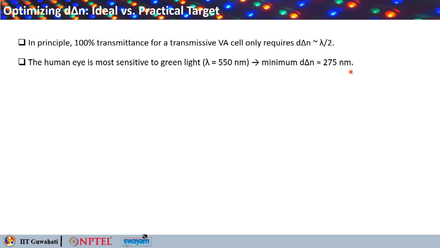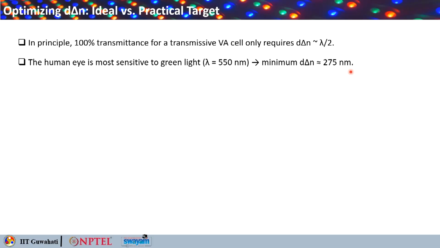So you can consider this the theoretical minimum d delta n of about 275 nanometer, tuned to the eye's peak green sensitivity at 550 nanometer, and it is only sufficient if you are willing to drive the cell to a very high, impractical voltage.